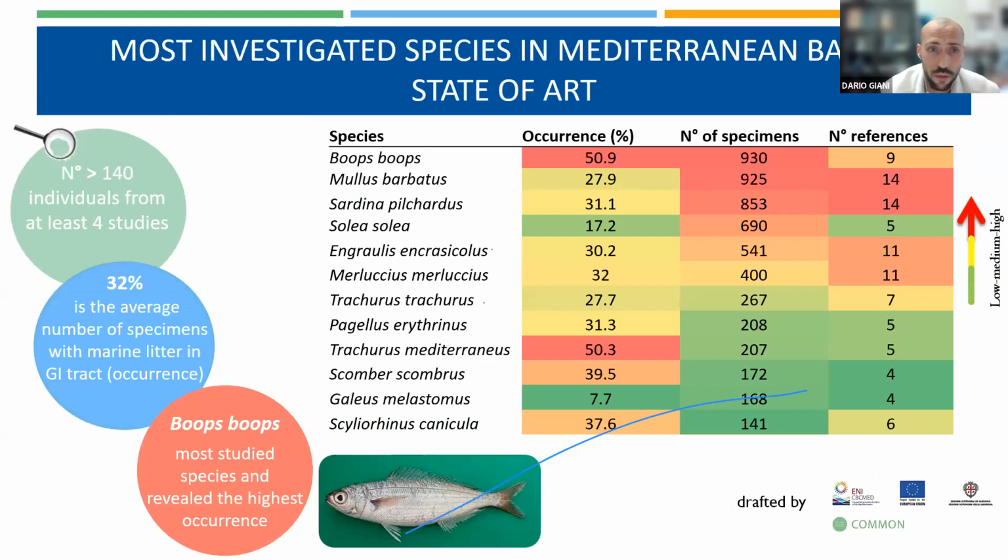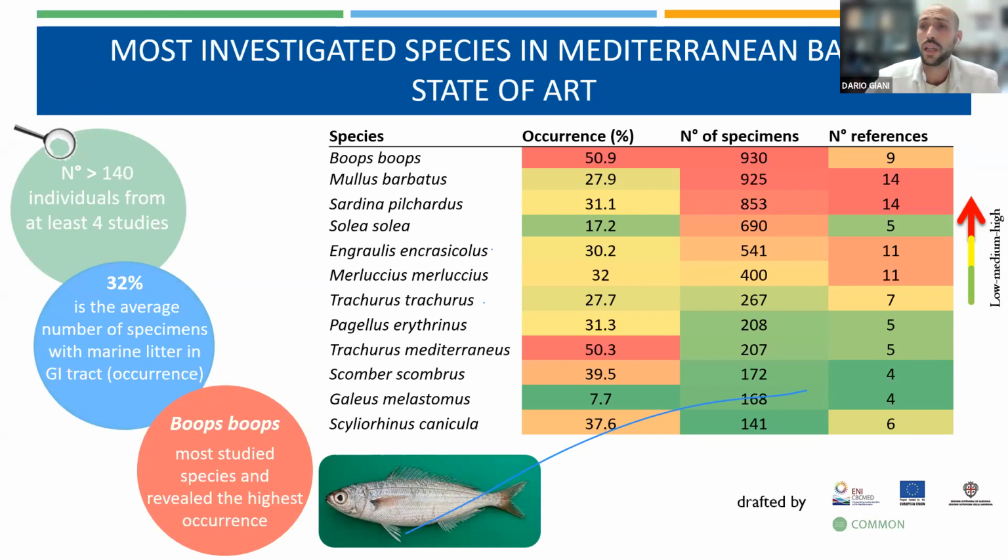From our research group, we made an assessment by bibliographic research on microplastic ingestion in fish species from the Mediterranean Sea. Here we can see a table that summarizes the most studied species from the Mediterranean Sea and the relative percentage of plastic ingestion.